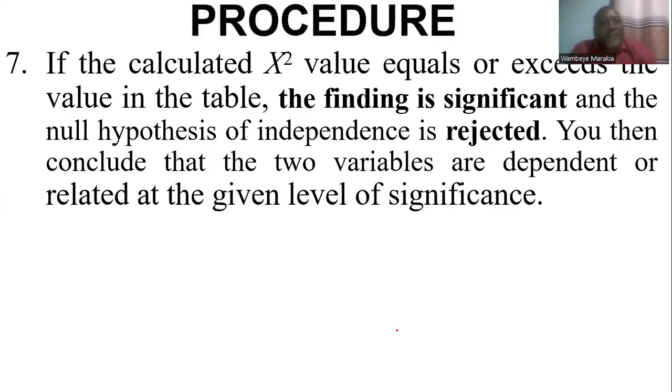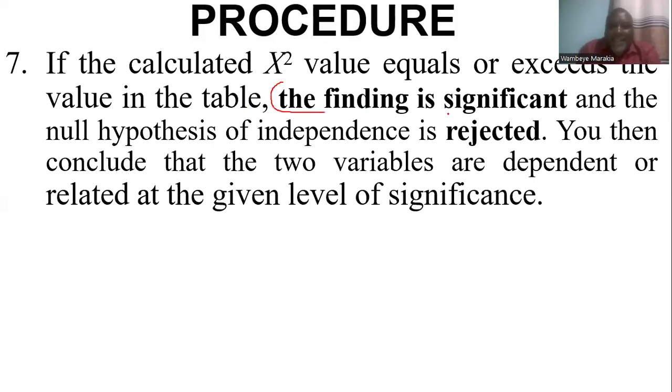Then number 7: if the calculated chi-square value equals or exceeds the value in the table, that means if the calculated chi-square is greater than the value that we find in the table, we call it the critical value, then the finding is significant.